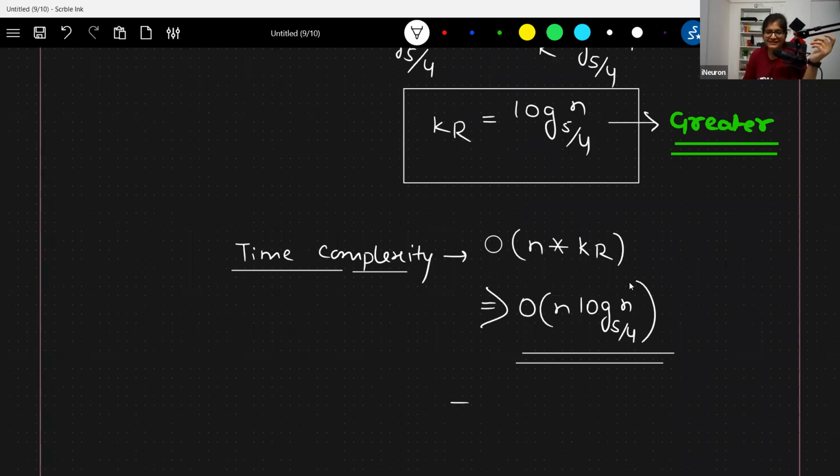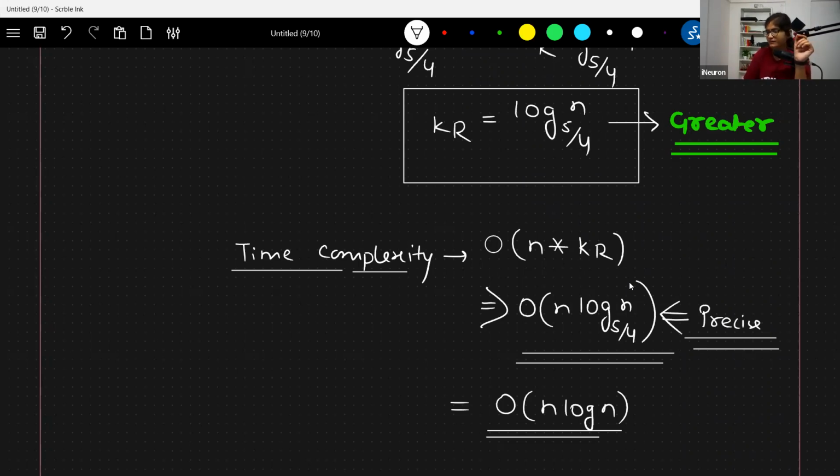Anyhow, you can also write it as n log n. That's fine, because we are always talking about approximations, right? But here, this is the precise answer, I would say, to the question that we are discussing today.